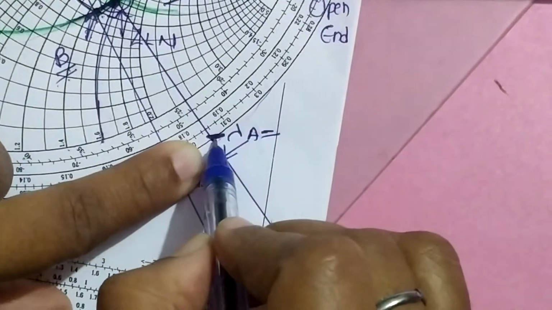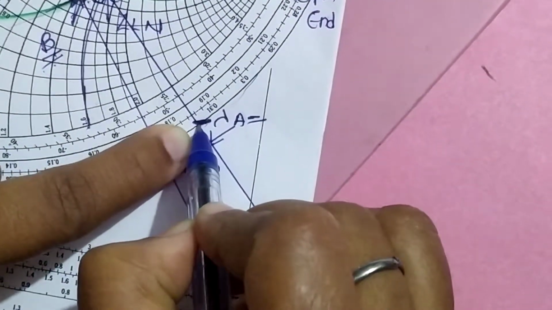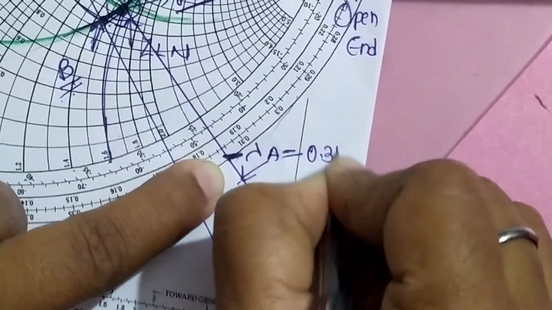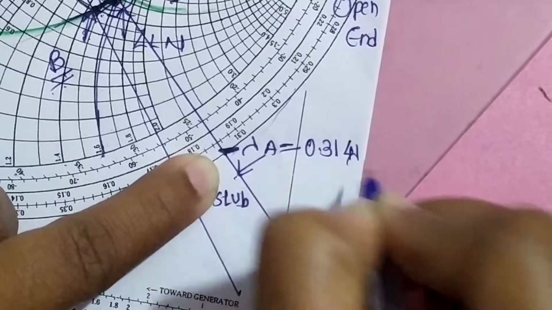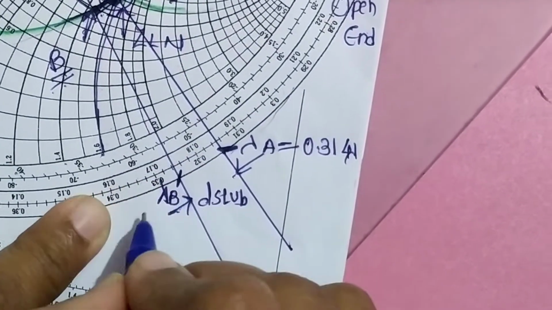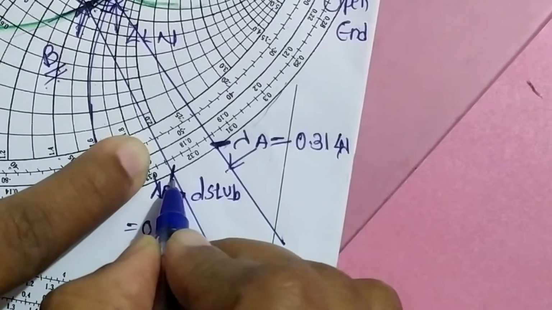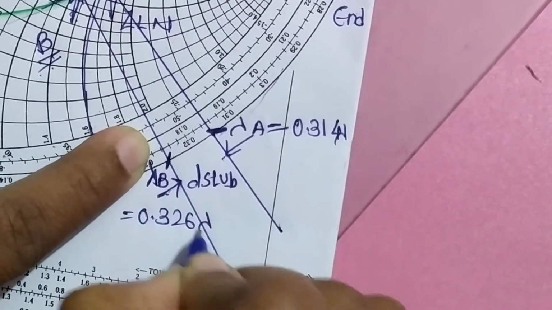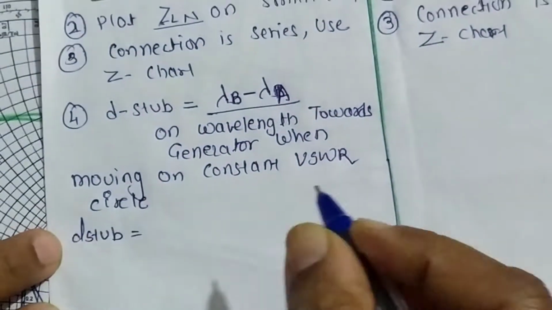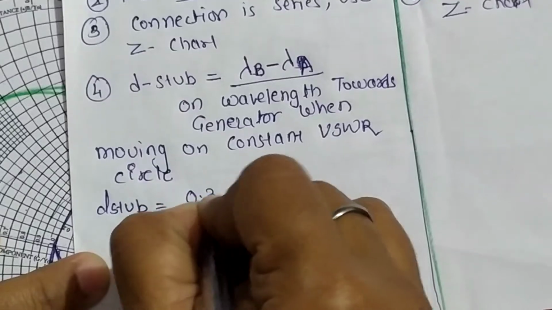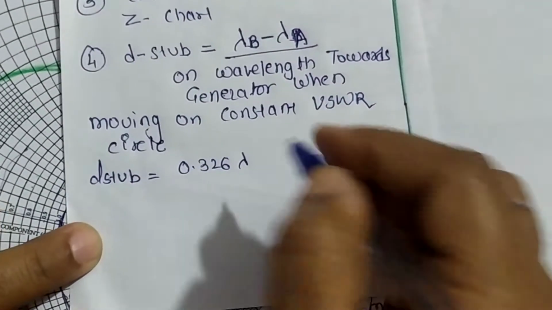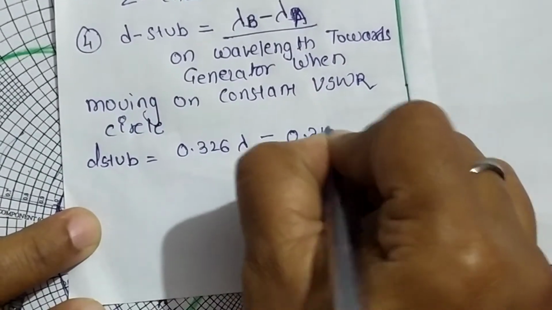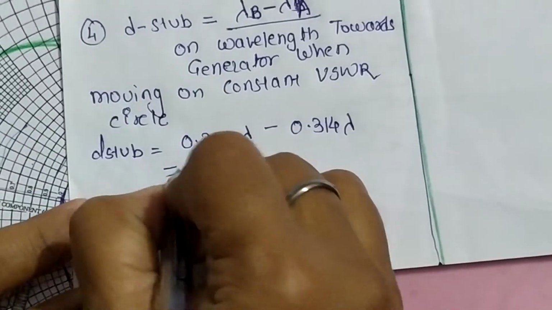Let's note what lambda A is. On the constant VSWR circle, lambda A is 0.314 lambda and point B is 0.326 lambda. So D stub is equal to 0.326 lambda minus 0.314 lambda.